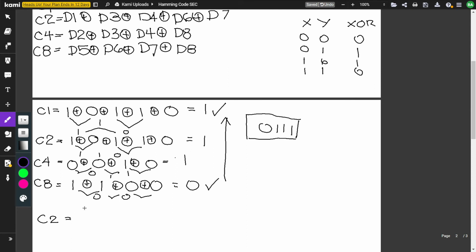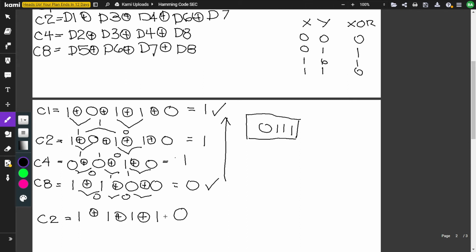We have for D1, 1, and then since D3's value is 0, let's put it into 1, and then next we have 1, 1, 0. Because the original value here of C2 is 1, 0, 1, 1, 0, since D3 from 0 becomes 1, and then this is the XOR operation.